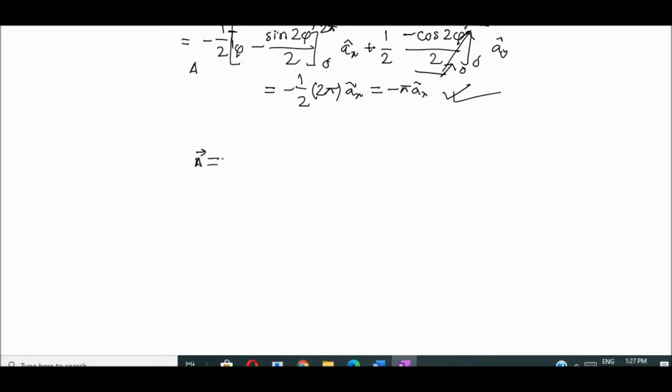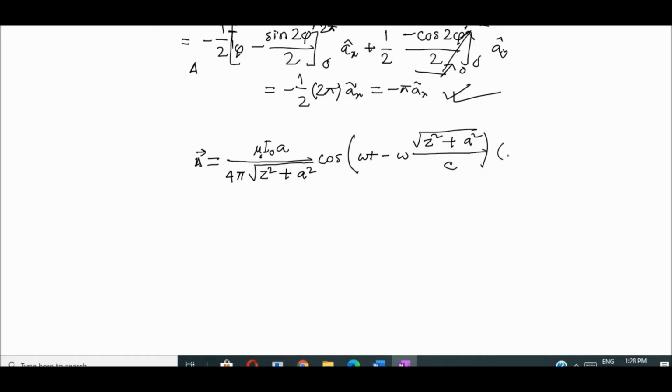The equation will now be equal to mu naught I naught a over 4 pi square root of z square plus a square, cosine omega t minus omega square root of z square plus a square over c, and the value of the integration is pi ax.